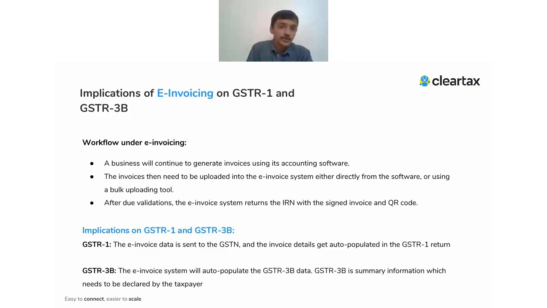So from now onwards, the additional thing is, after I raise my e-invoice, since the data is already pushed to the GSTR1, your only task will be to reconcile your GSTR1 with your books, after which the data will automatically flow to the 3B also. Your work is reduced to a great extent.